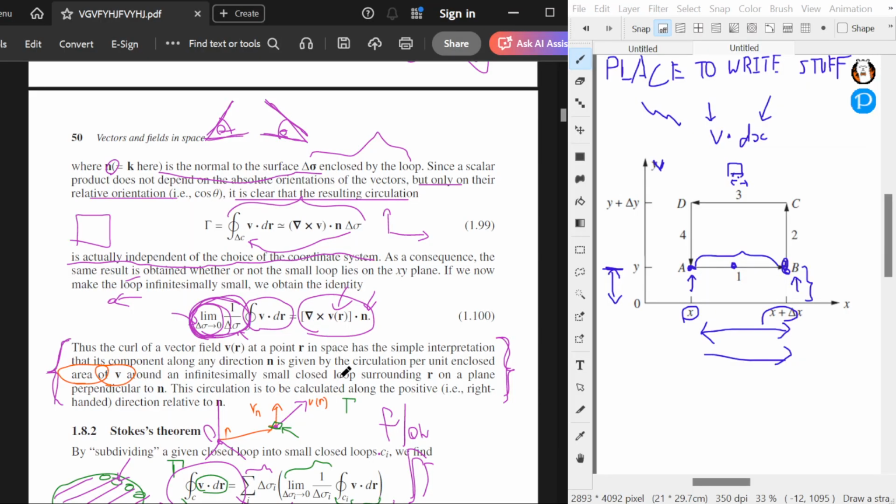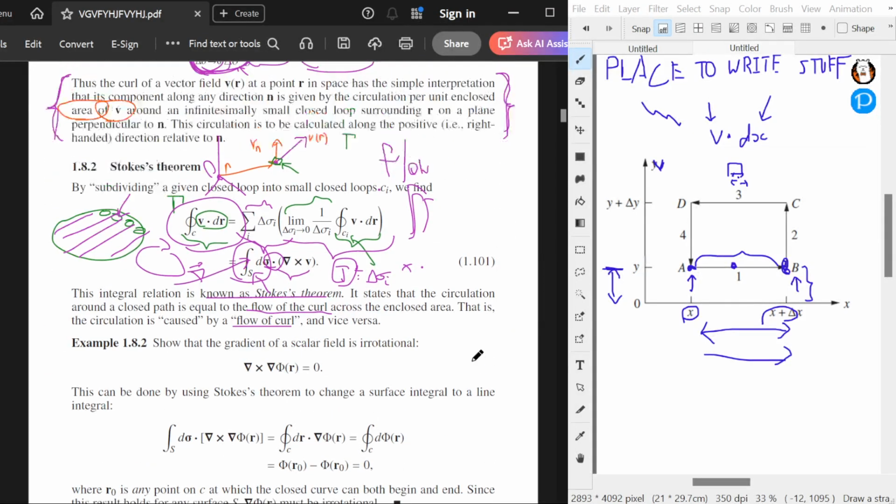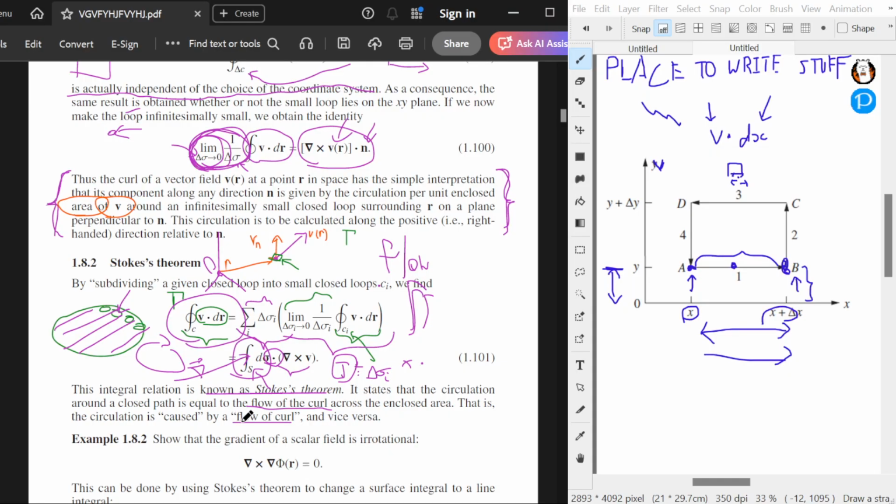They just introduced the word flow without really telling me what flow means. The point is, let's just accept this as fact for now. Circulation is caused by flow of curl.